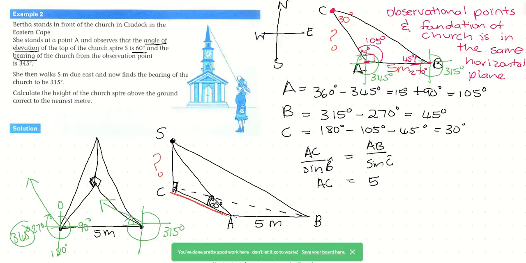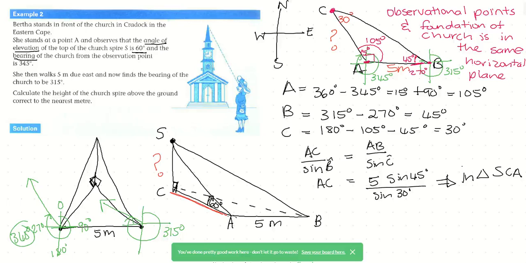Sine B is sine 45, all over sine C, which is 30. You should be able to do all of this without a calculator because these are special angles. Remember to use your CAST diagram for that. We end up finding out that we can find AC's length, or we can just leave it like that and use that to calculate in triangle SCA.